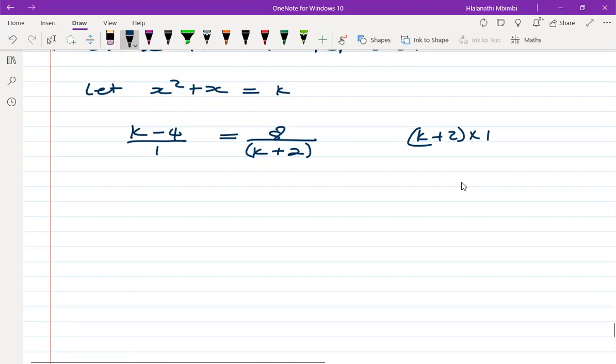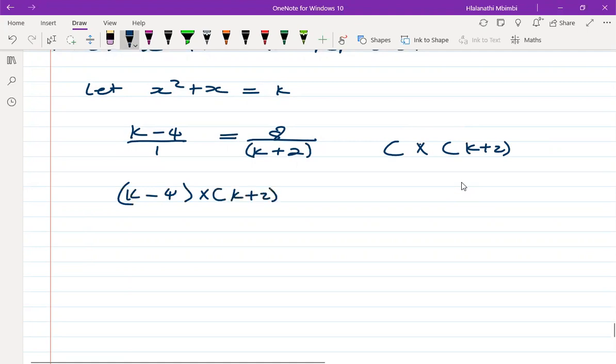So our equation is going to be multiplied by k plus 2. If we multiply the whole thing by k plus 2, we have k minus 4 times k plus 2 is equal to 8 over k plus 2 times k plus 2.